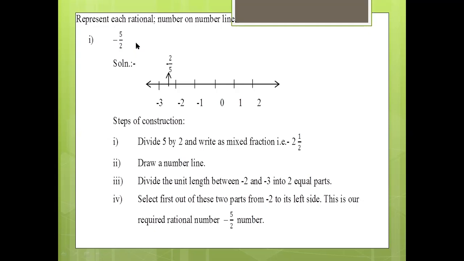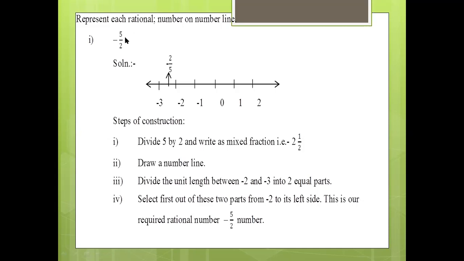You check whether the given fraction is a proper fraction or not. You already studied proper and improper fractions in your junior classes, but again I'm going to repeat it. A proper fraction is one in which the numerator is less than the denominator. An improper fraction is one in which the numerator is greater than the denominator, or the numerator and denominator are equal, for example 3 by 3, 2 by 2.